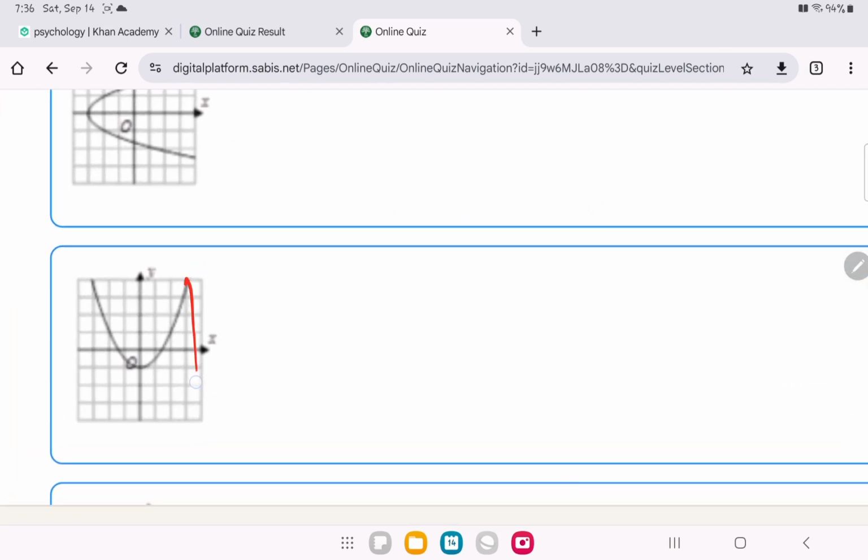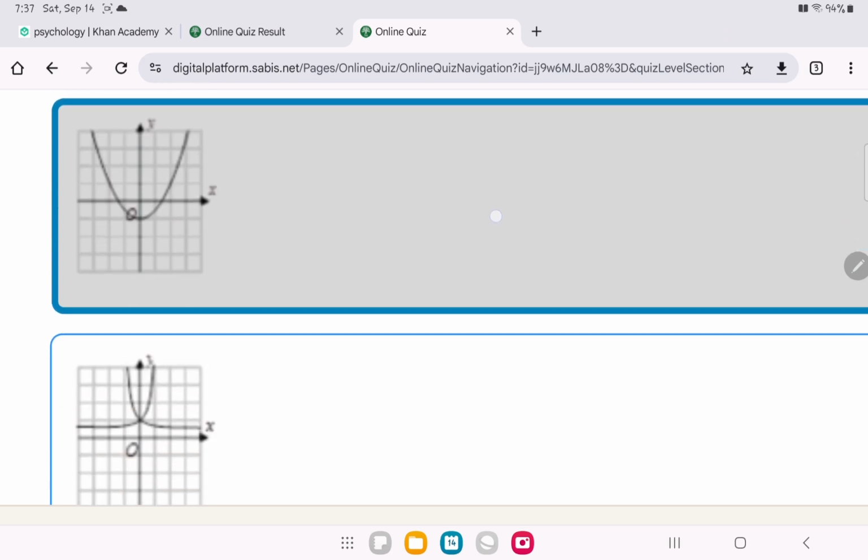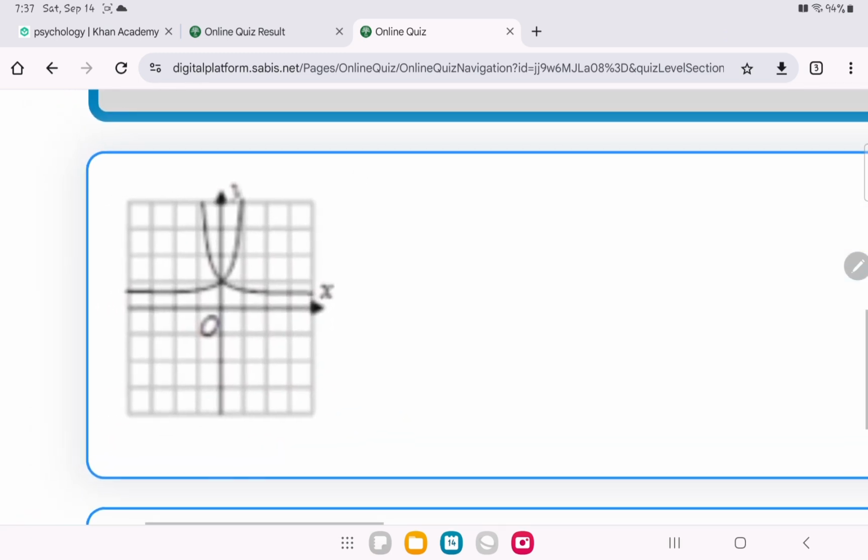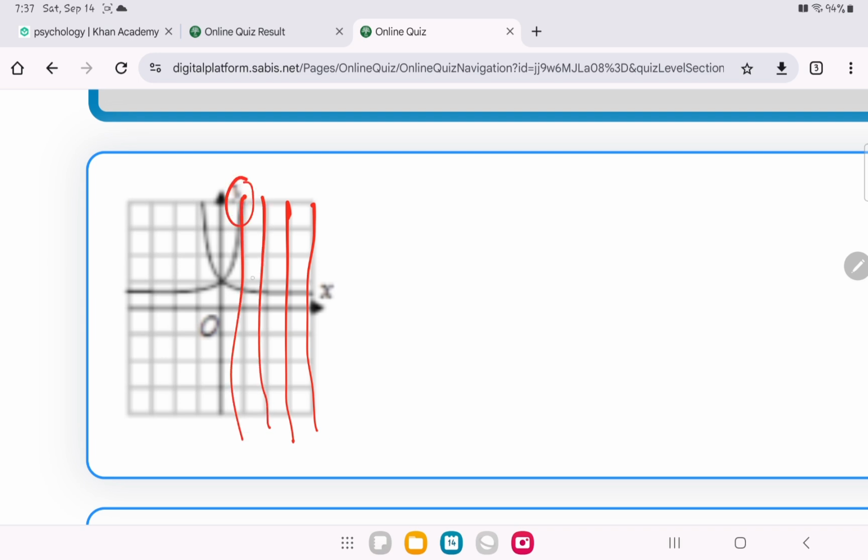Second one, this one is a function because there are no 2 points that are on the same vertical line, so it is a function. This one is not a function because in this vertical line we have 2 points that meet.